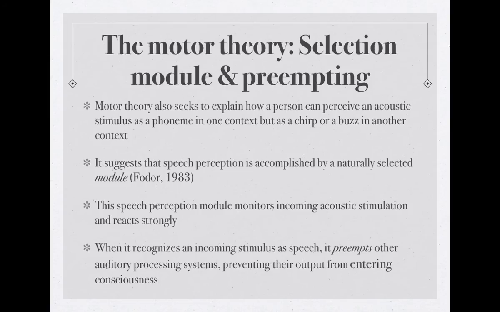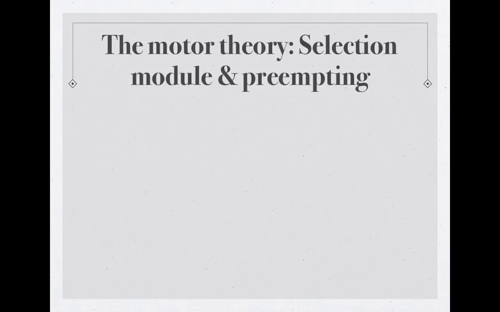This selection module preempts other auditory processing systems in the perception. It prevents the digestion of the noise. Yes, that's the selection filter. It's like a filter. Very good. That's the exact word.